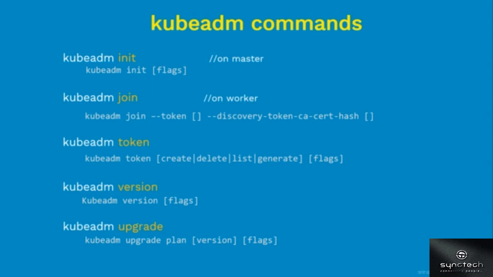With the help of kubeadm upgrade, we can upgrade Kubernetes and also downgrade the cluster if necessary. These are some of the commands related to Kubeadm, and there are some more available on the website. Overall, kubeadm init and kubeadm join are the two commands you might want to focus on in this video. So with that, let's move on to the next slide.